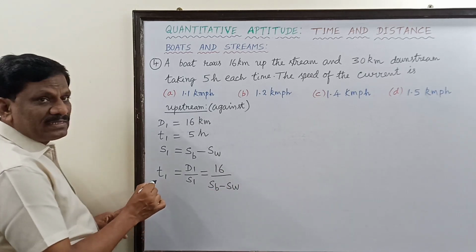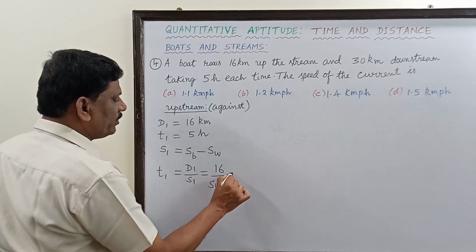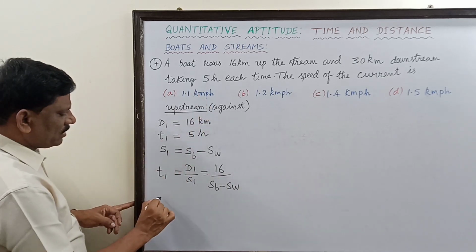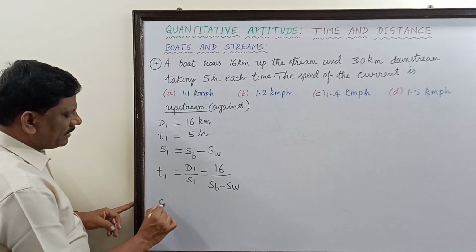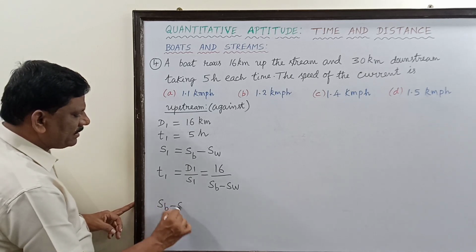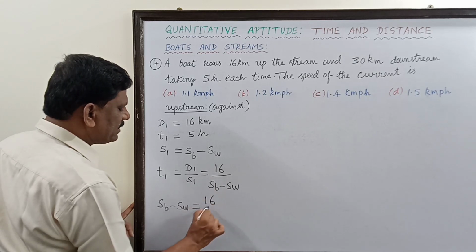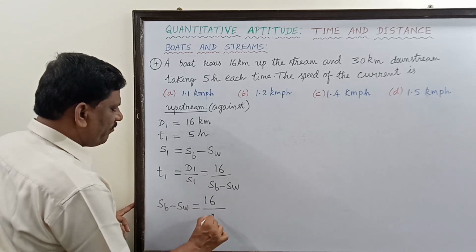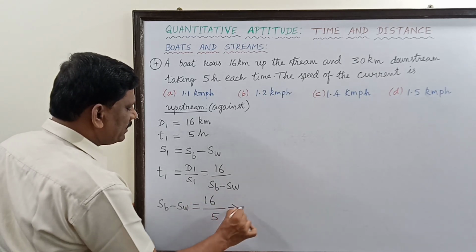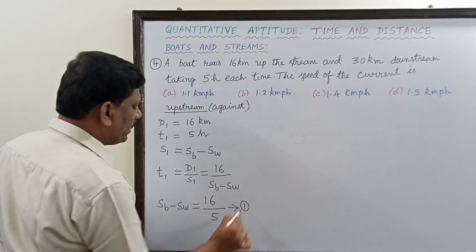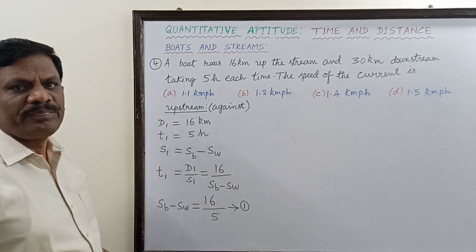And this T1 is also equal to what? This is also equal to 5 hours. So I can write SB minus SW, this speed, is equal to distance 16 divided by 5. And this is equation 1 for upstream.